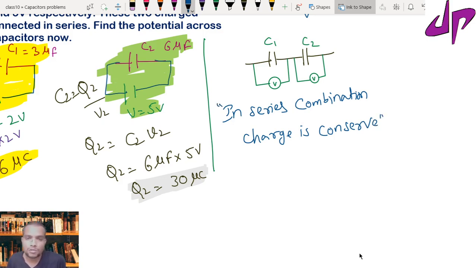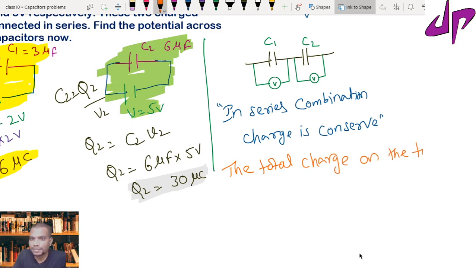It means we can write the total charge on the two capacitors as Q equal to Q1 plus Q2.